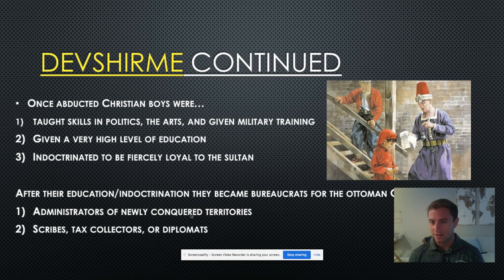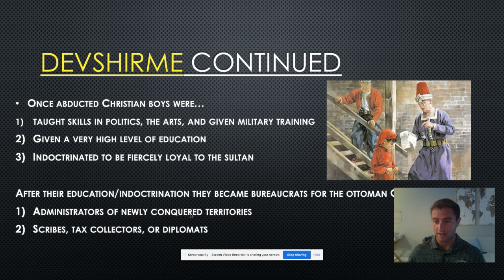Devshirme, okay, not only is it abducting people, but the people that were abducted, you would think, oh my gosh, what a terrible life these people must have. But interestingly enough, a lot of these Christian boys that were abducted started to become the highest people in Ottoman society. They were trained at a young age in politics, arts, maybe military training.